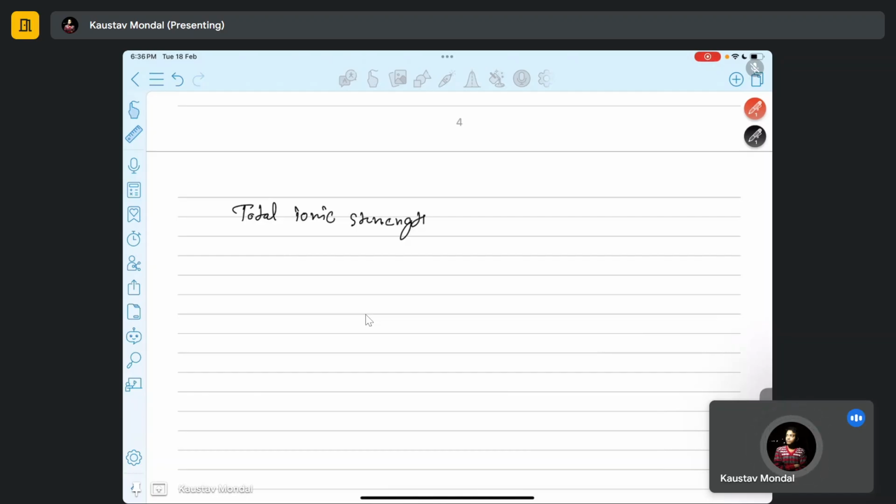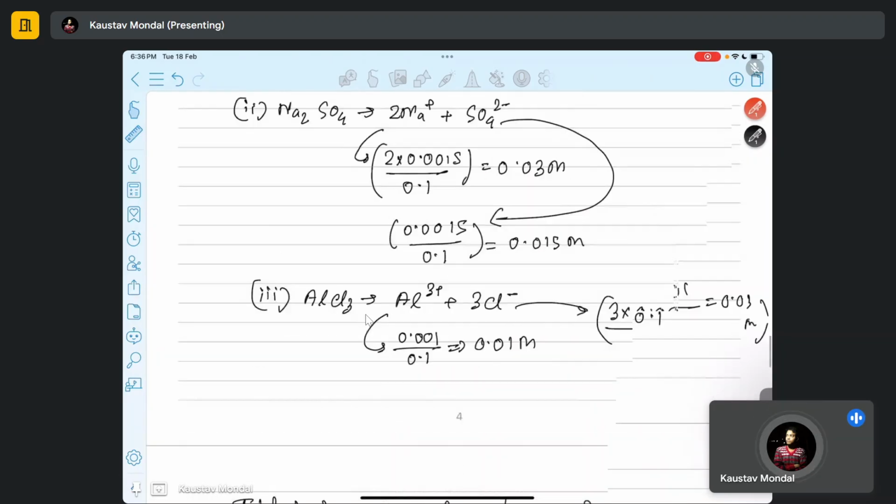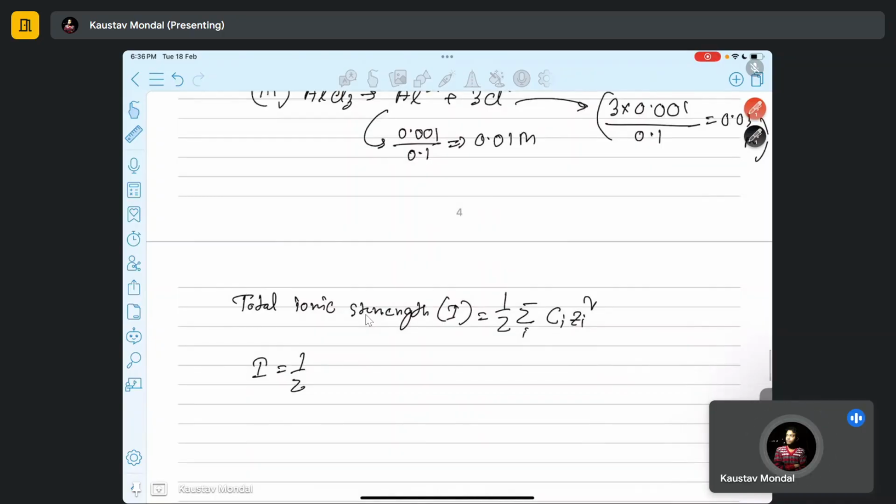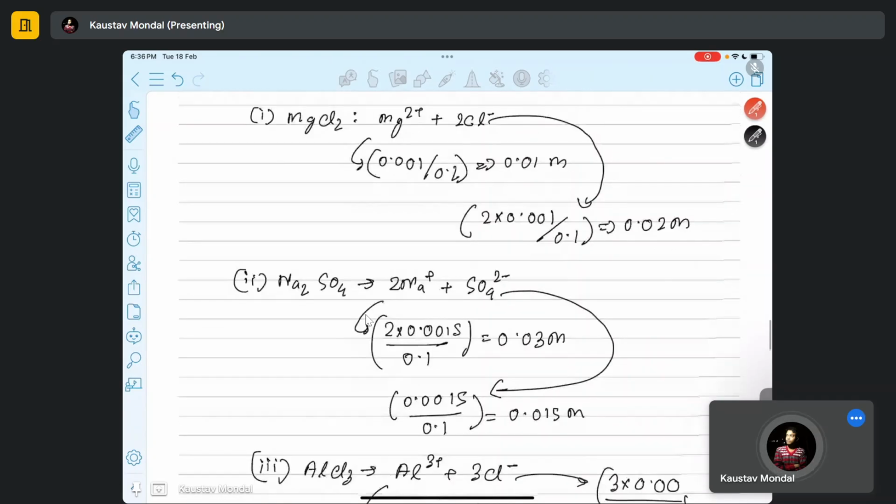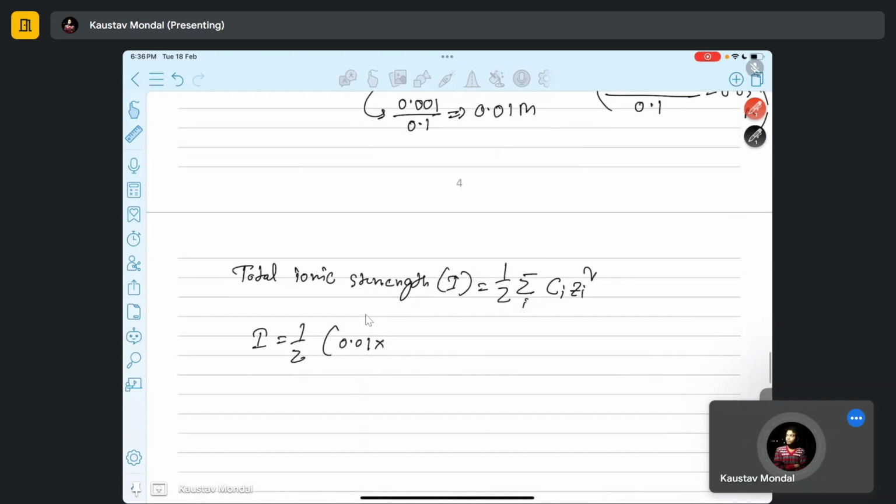So the total ionic strength I, as already discussed, is half into the sum of Ci into Zi square. Let's first take MgCl2. For Mg2+, the C was 0.01, and Zi square would be 2 square, since Mg has two units of cation.